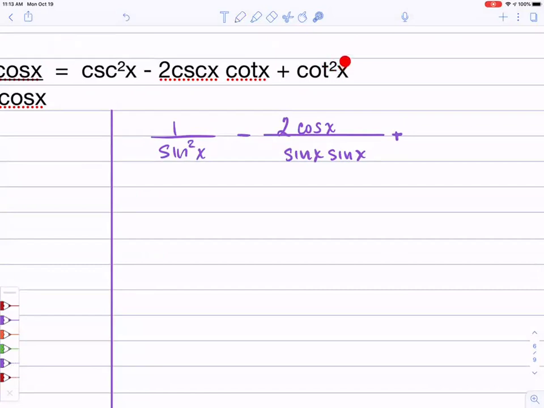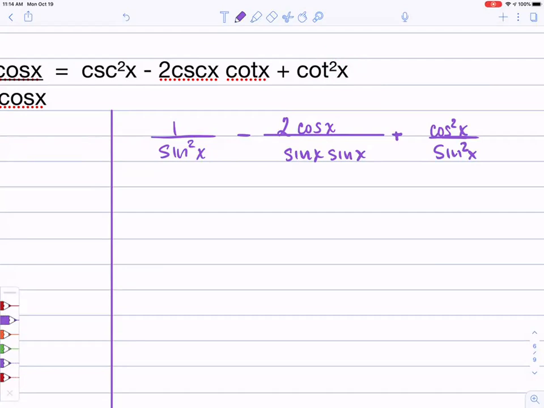Watch out for this, Yamin. Nope. Go back to the first one that you said, because we are turning into sines and cosines. But you ignored the fact that there's a square here. Very good. Cosine squared over sine squared. And once again, that's nice because all 3 of my fractions have a common denominator.